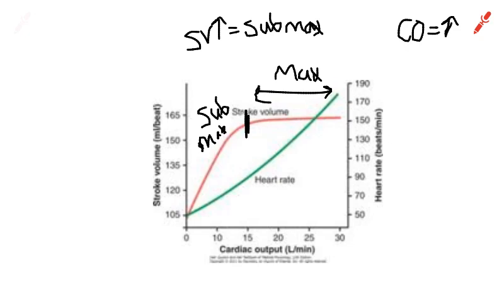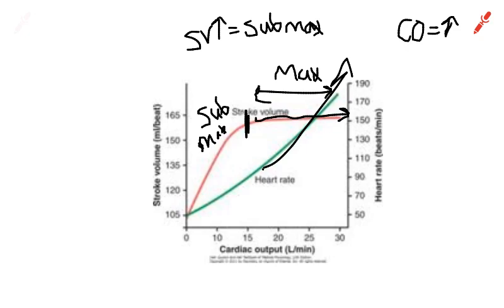And everyone knows this. When you first start exercising, your heart rate doesn't automatically spike up and increase exponentially like it does here. It increases slowly, but your stroke volume increases much more greatly at submax. And then when you cross this 50% threshold, your heart rate spikes up, and your stroke volume stagnates and remains the same.